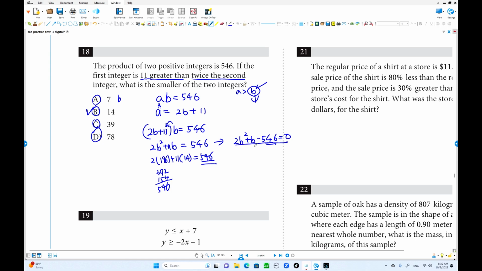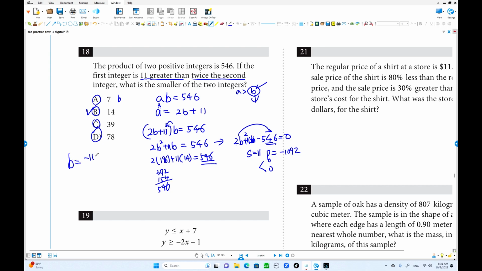To factor this one, you know the sum is 11. I forgot the 11 over here, okay? 11B. The sum is 11. The product is what? You multiply these two numbers, 2 times 546, which is 1,092, right? To find two numbers takes time. In this case, it's better to use the quadratic formula. What is the quadratic formula to find the value of B?